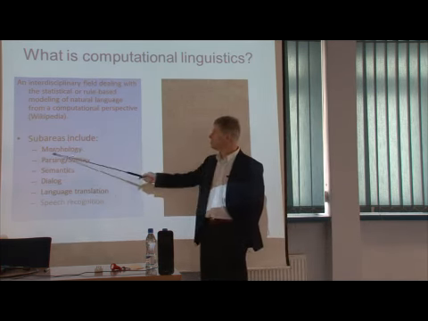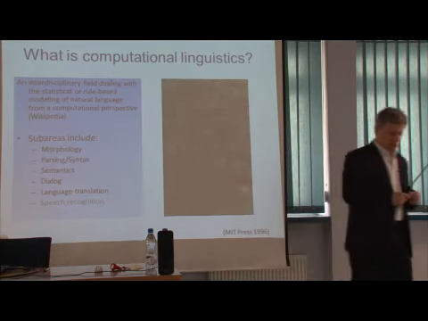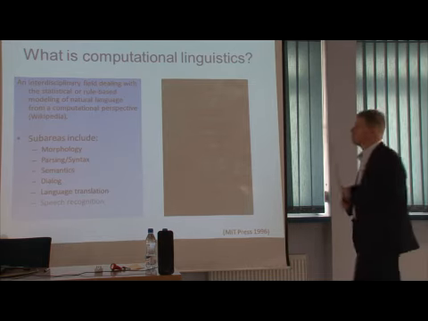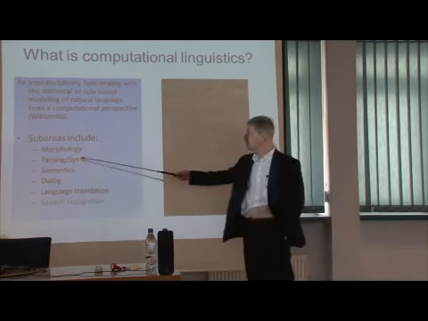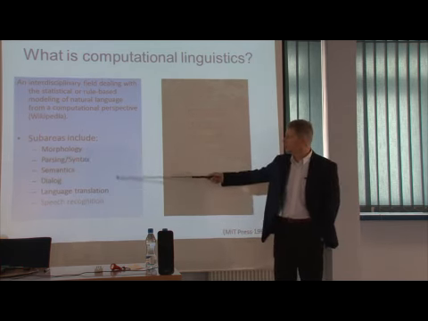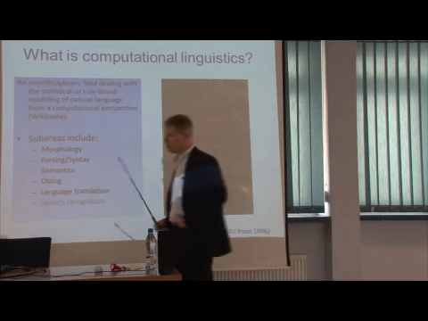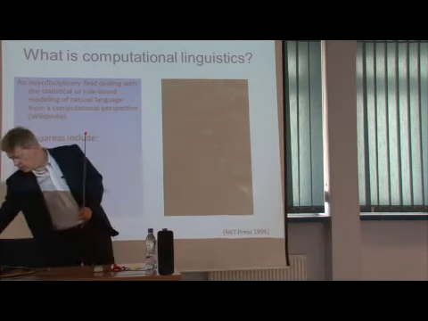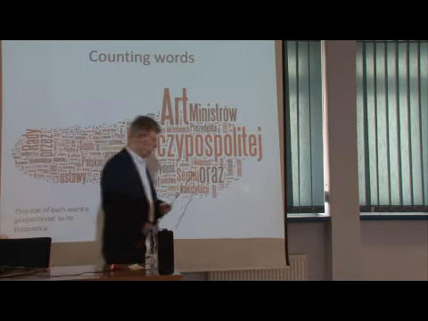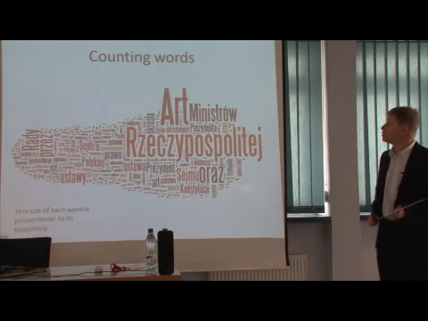And sub-areas include morphology, which is finding the structure in words, so prefixes, postfixes, and that kind of stuff. Parsing or syntax that we mentioned before, and semantics, dialogue, language translation, and speech recognition. So this shows that indeed these two names, computational linguistics and natural language processing, are synonymous.